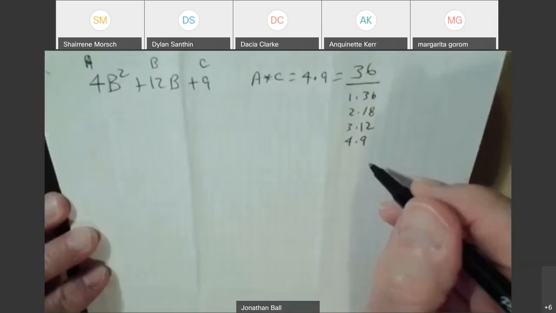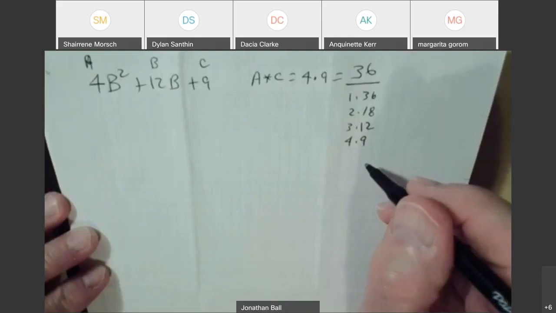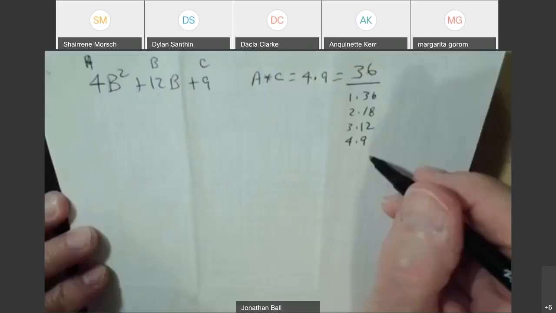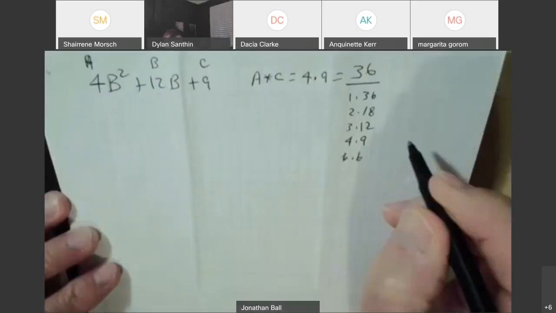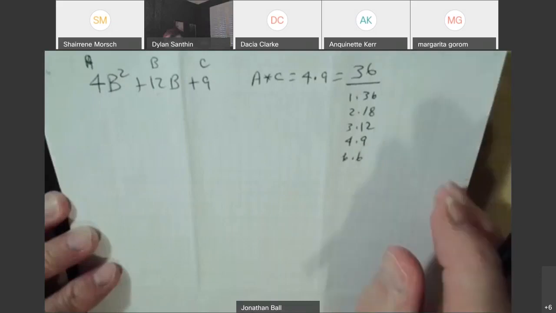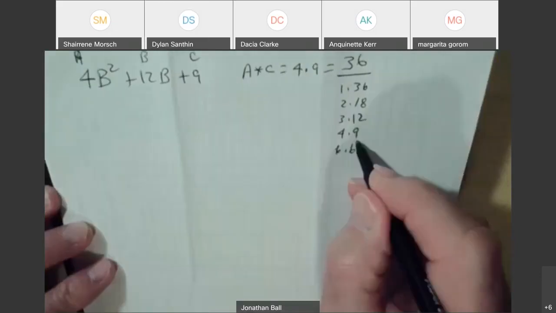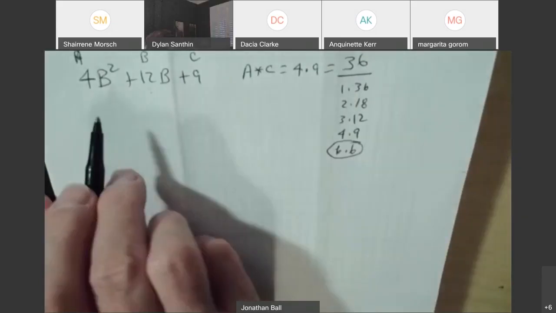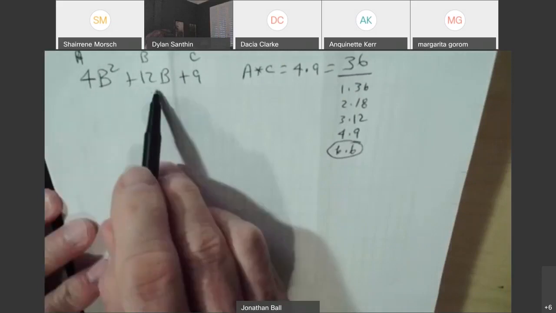Is that all? 6 times 6. I was going to say, oh my goodness, this thing's not prime. 6 and 6 is 12. Am I right or am I right? I'm right. Okay, so we're going to split this linear term up.